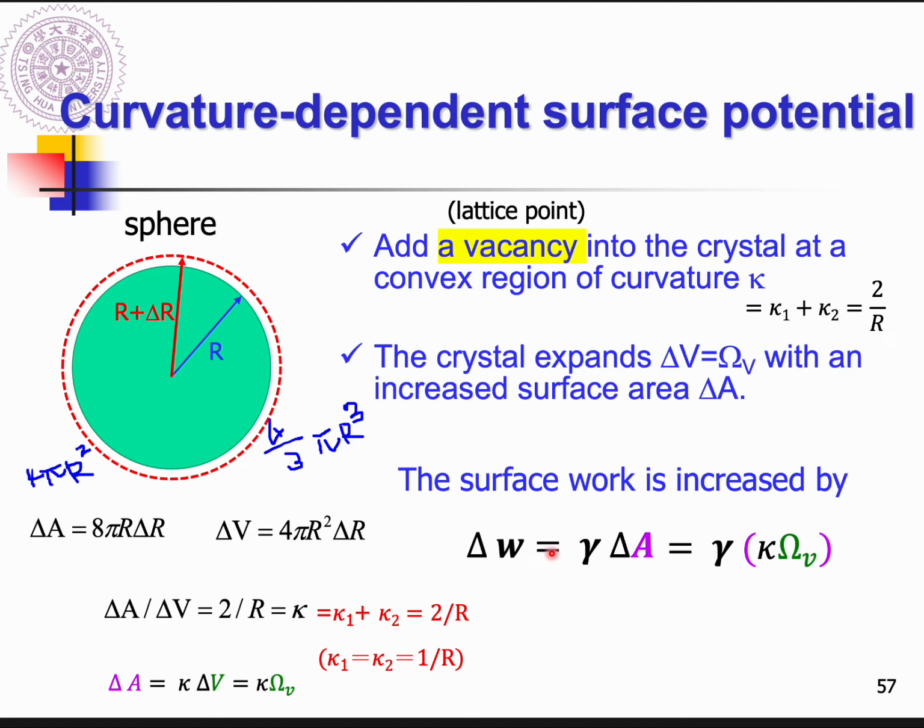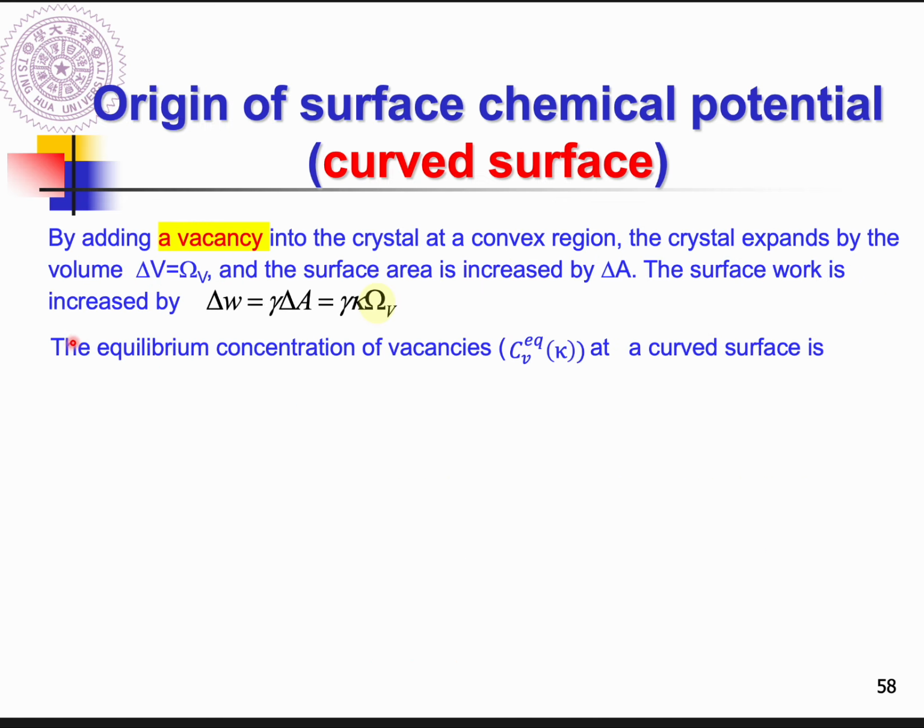Okay, so now you know we need to additionally perform this extra work on this material. Then this will be the extra term we need to modify the vacancy formation energy, right? So it will be gamma kappa omega V. So based on this, we put this extra modified term, extra work, here.